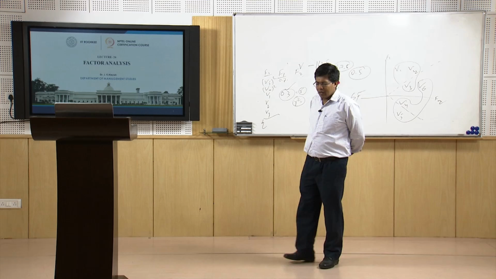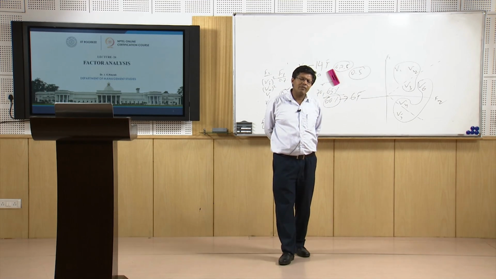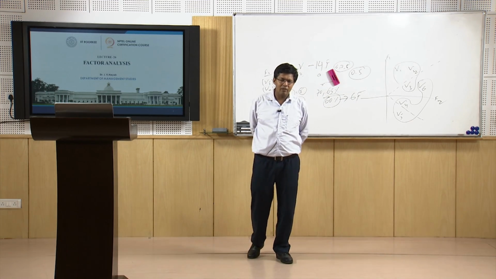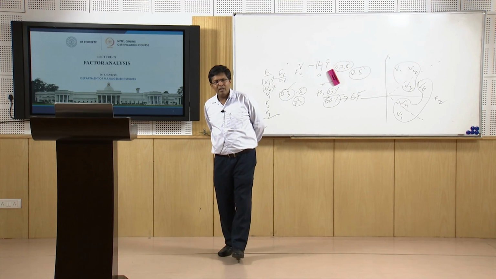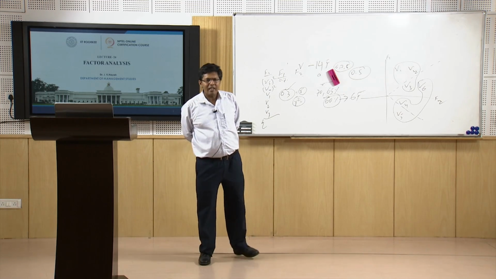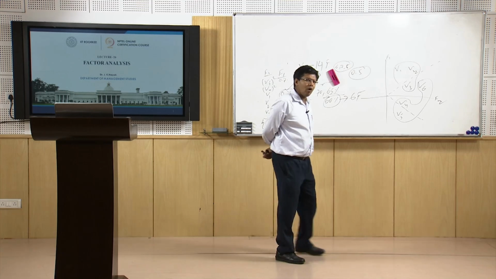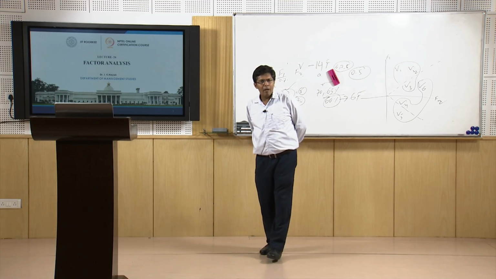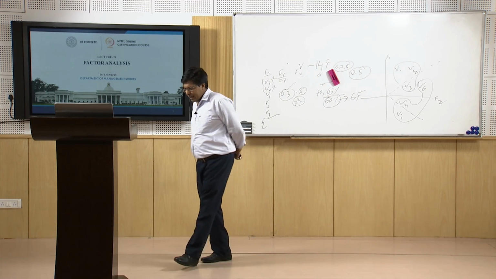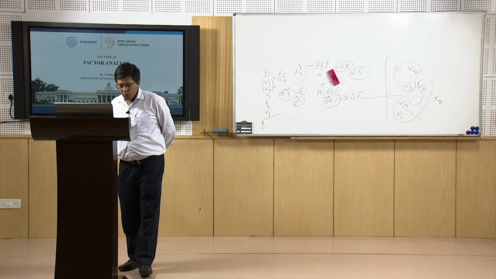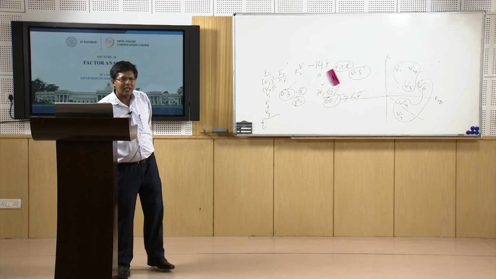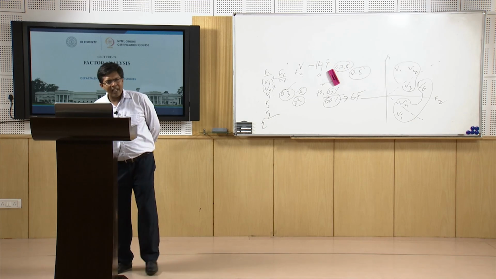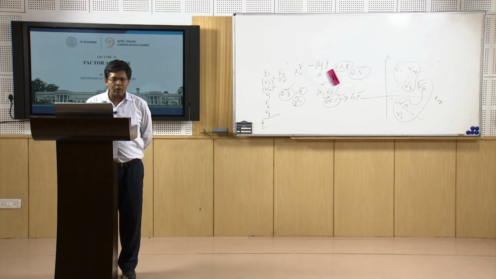For example, if I say trust, satisfaction and let us say happiness are different factors, is it ever possible in real life that satisfaction and happiness are not related? It is difficult, but to understand or explain the construct well, we assume that they are uncorrelated, and that assumption is what leads to the orthogonal rotation.